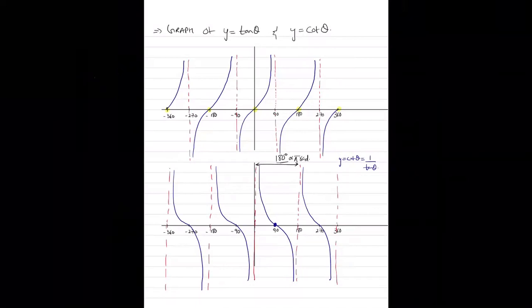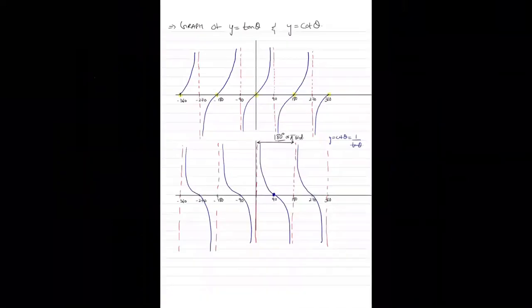Now let's look at some variations. If you get the variations for any one graph, you can do it for the rest as well. So if the question says sketch y equals cosec 2 theta, you have seen the graph of cosec theta, but now we want to sketch the graph of cosec 2 theta.